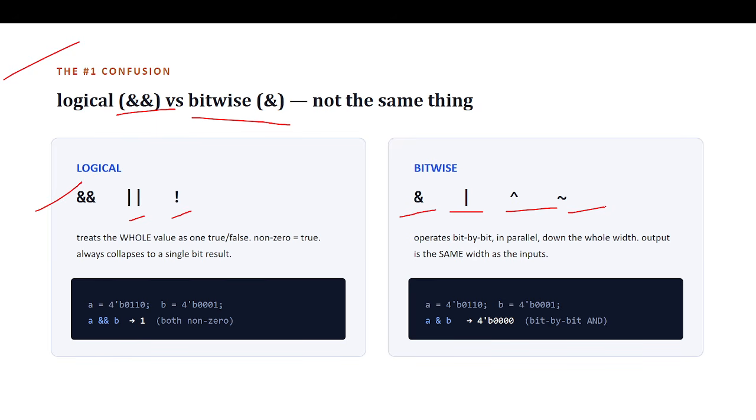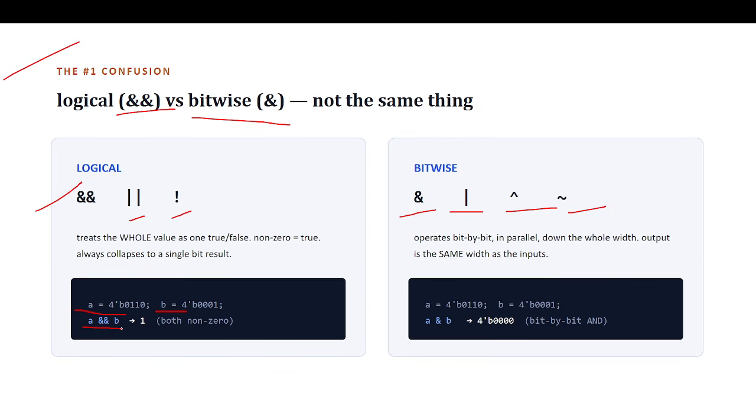Let's work through the example on the screen together. That is A equals 4'b0110, B equals 4'b0001. Now if I compute A && B, this is a logical AND.